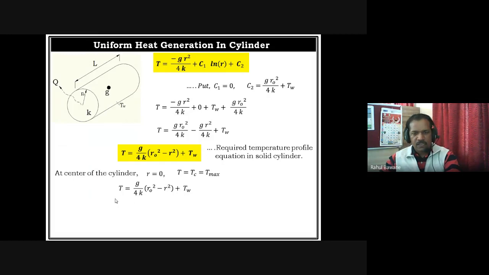This is our temperature profile equation for the cylinder. Now putting the value, T becomes T center, g upon 4k rho square minus 0 square plus T wall. So T center equals g rho square upon 4k plus T wall. This is our center temperature for the cylinder.